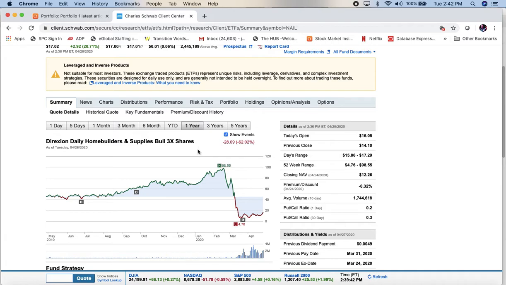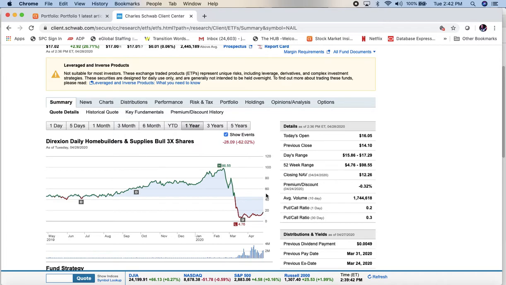I don't care. I can look at this chart and quickly determine that the coronavirus caused this to drop down. In other words, they've gotten beat up because of the coronavirus. Chances are, when this coronavirus is over, it's going to go back up.